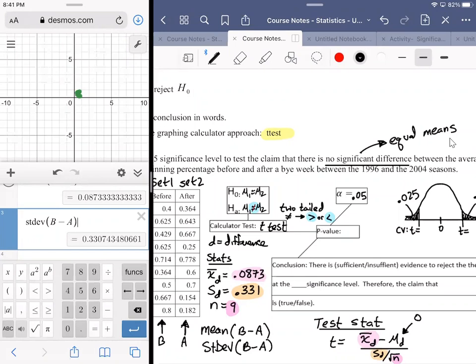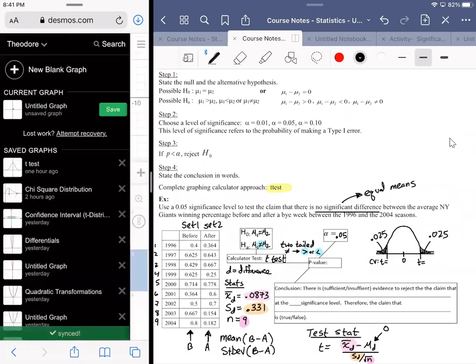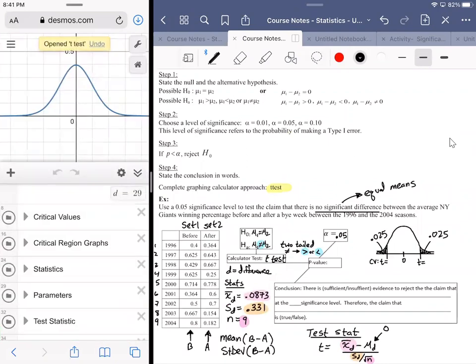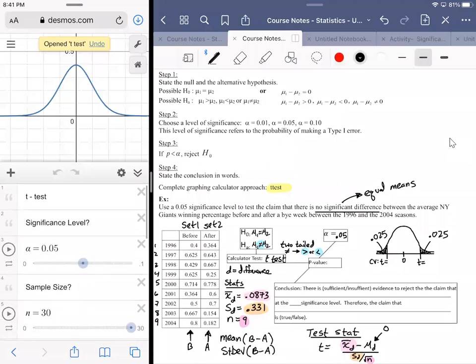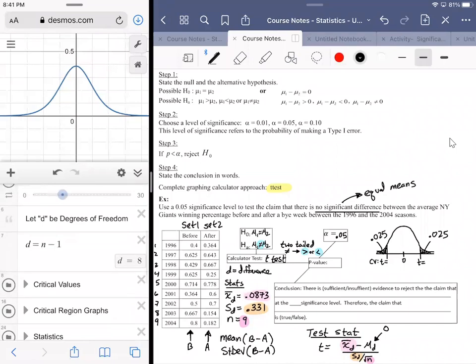All right, so there's a lot of things that are incomplete here, but that's because we haven't broken out the t-test calculator. So we do that and we just go right on down the line. It's a 0.05 significance level. That's the default. We have 9 as the n value, so I scroll to 9. Degrees of freedom is 8.